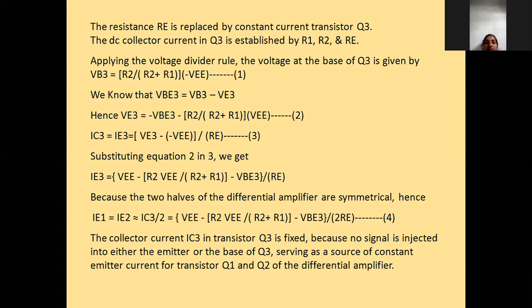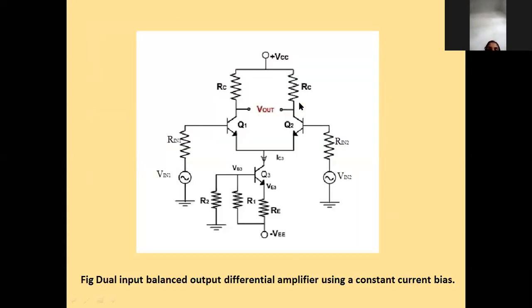Now, by using this voltage divider rule, we will get VB3, the voltage across the base of transistor Q3 and the emitter of transistor Q3. That means if we measure the voltage between this portion, it is called VB3.